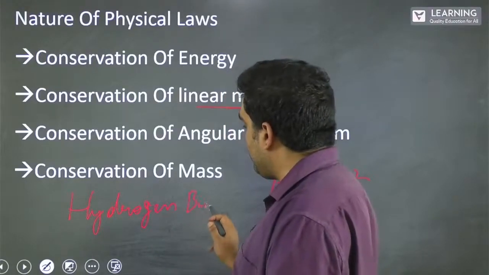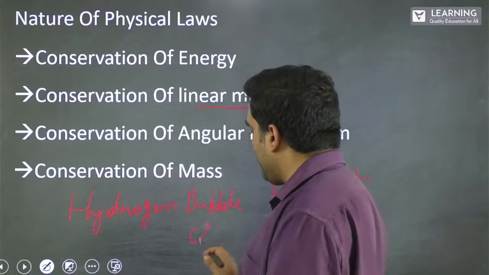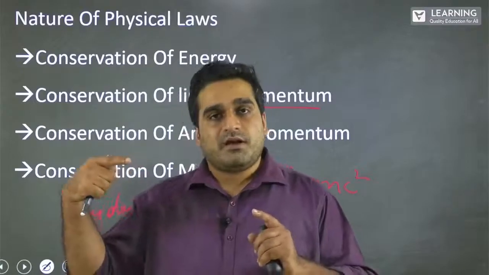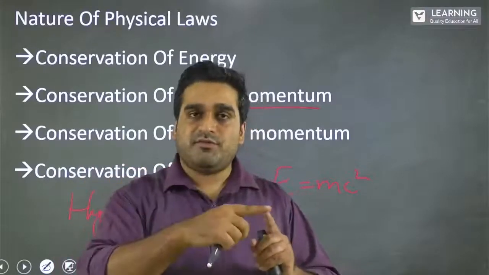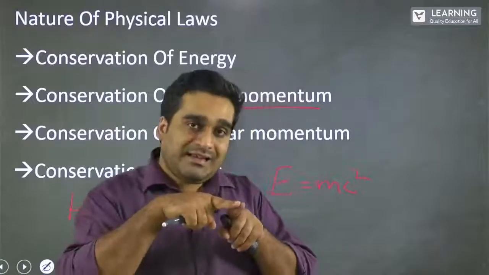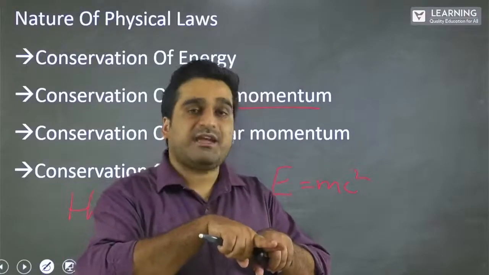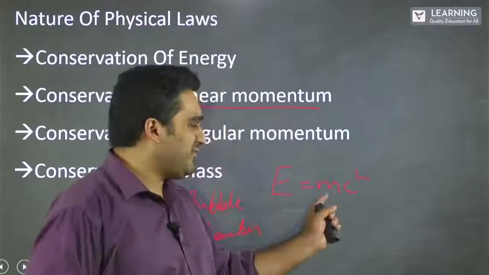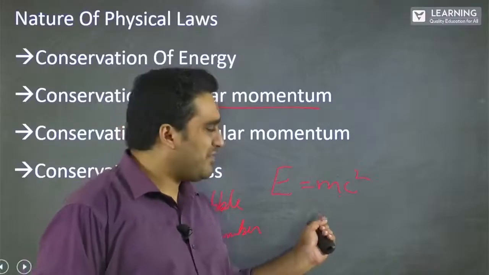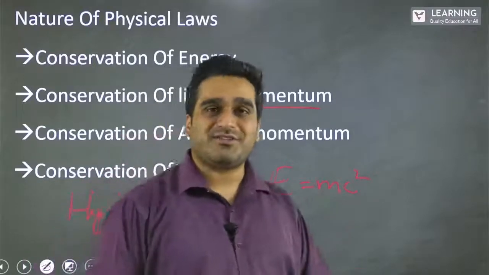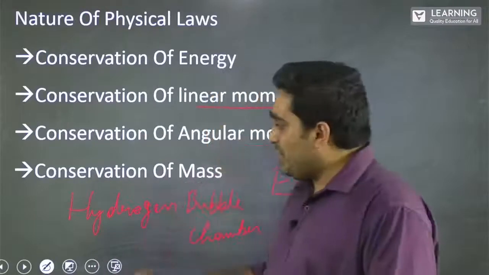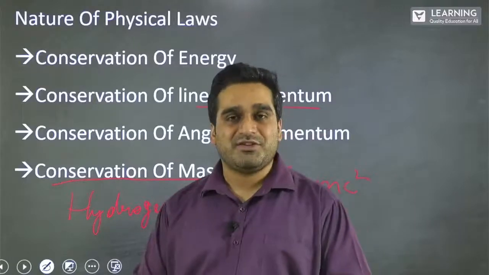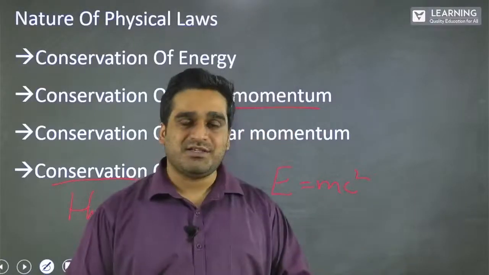In a hydrogen bubble chamber experiment, they pass light into a chamber which consists of hydrogen bubbles, and that light, which is nothing but energy, gets split into two different particles which have certain mass in them. So energy can be converted to mass and the vice versa process. And that is where the conservation of mass is truly understood, by using Einstein's mass energy relation.